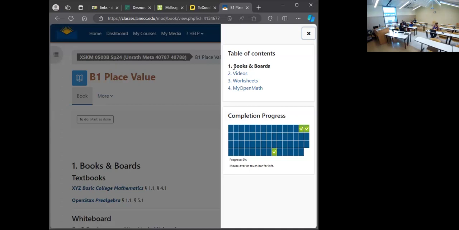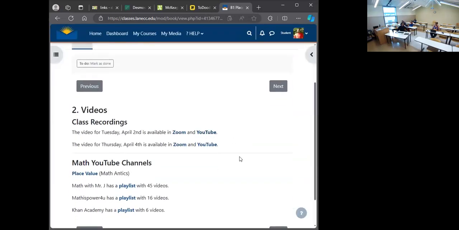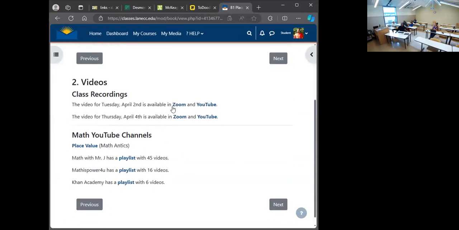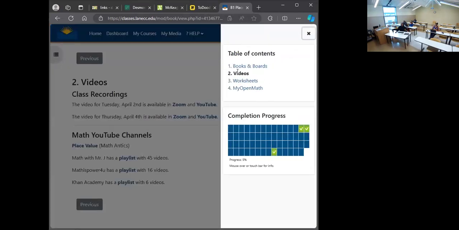Okay, so step one is we talk about things and you practice using that nice XYZ textbook. Step two, what happens when you get stuck? One thing I mentioned already is just write down which problems you get stuck on, whether it's an example problem in the textbook or something in the Moodle page, and ask me, and we'll talk about it. You also can look at the old class recordings, they're always there in the videos page.